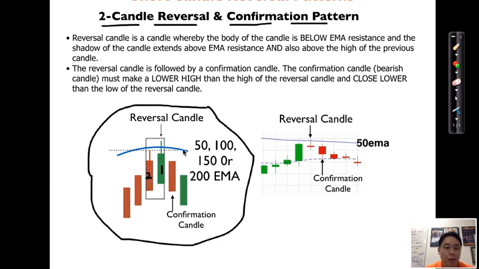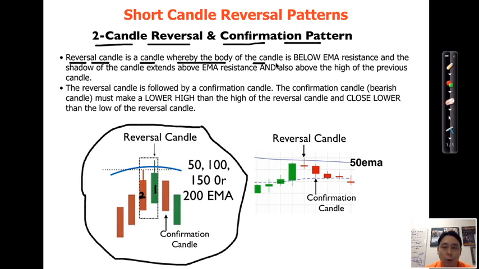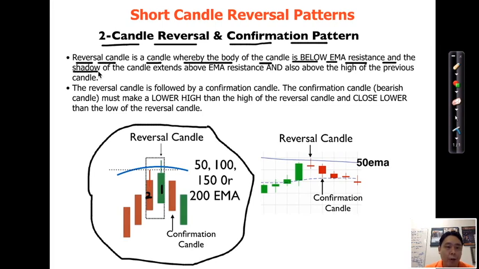All right. So for it to be a valid two candle reversal pattern, there are a few criteria that must be met. First, the reversal candle must be a candle where the body of the candle is below the moving average resistance. And the upper shadow of the candle extends above the moving average. Okay?